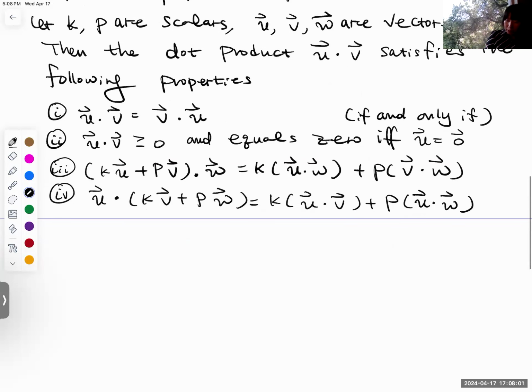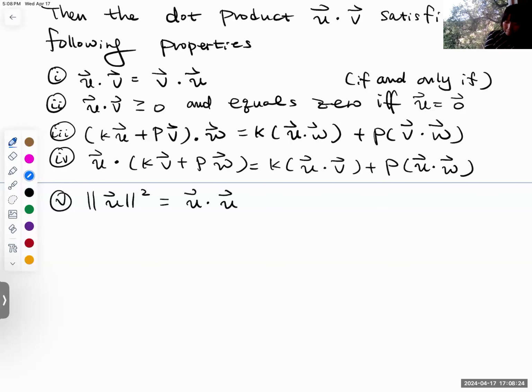Okay, next we have the two absolute value lines, squared. This means U times U, I meant dot product. Okay, U dot U, right? So we call this the magnitude, which is length.